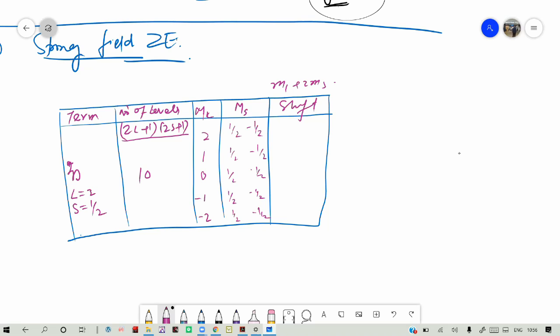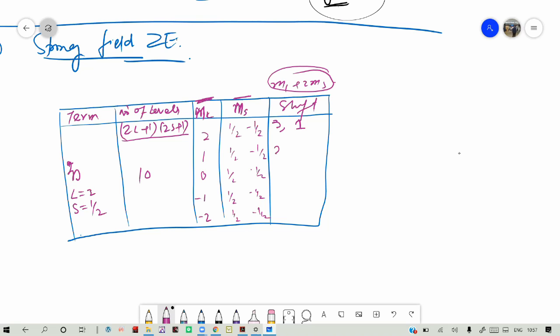And the shift will be ML plus 2MS. You can write the lowercase ml plus 2ms. So MS is plus half and minus half, so you have two values corresponding to this, one for plus half, one for minus half. In one case it will be 3 and 1.